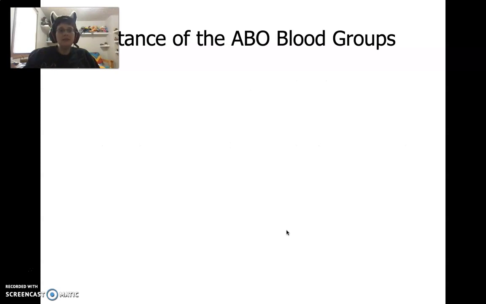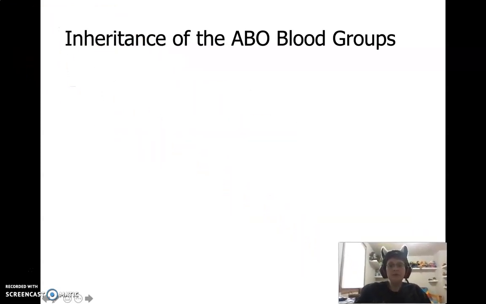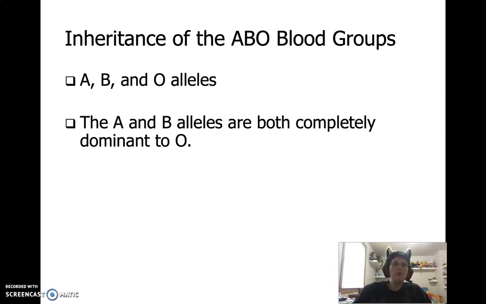The best example of this is the ABO blood group in humans. The alleles are A, B, and O. So for blood, there are 3 alleles. As you may have caught when I said it earlier, A and B are dominant to O, and O is sometimes written as a little i, like you saw in the last slide.